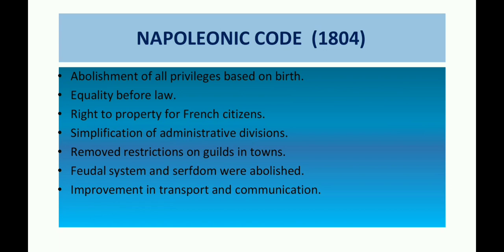According to this code, Napoleon abolished the privileges enjoyed by the noblemen and the clergy on the basis of birth. Second, he brought in equality before law and secured the right to property.